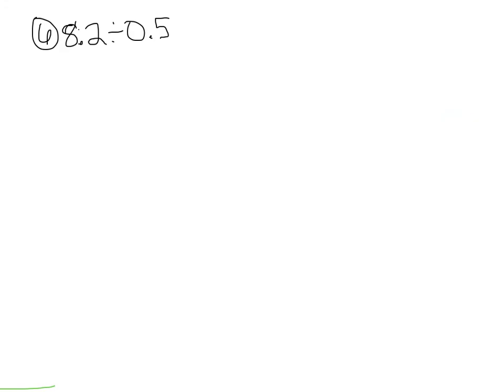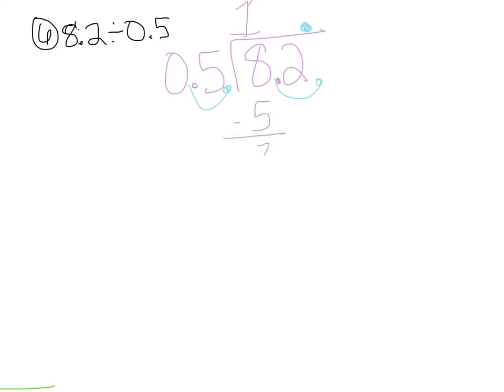All right, number 6 is 8 2/10 divided by 5/10. I'm going to write 8 2/10 divided by 5/10. I'm going to move it 1 over, put my decimal point up top, and I'm ready to divide. 5 will go into 8 once. 5 goes into 32 6 times.